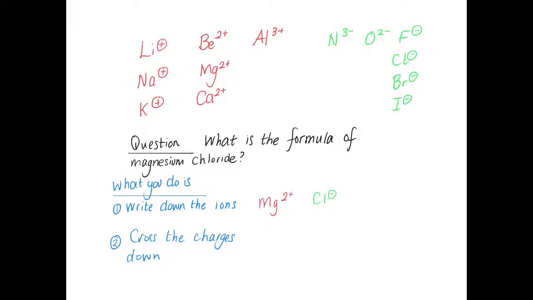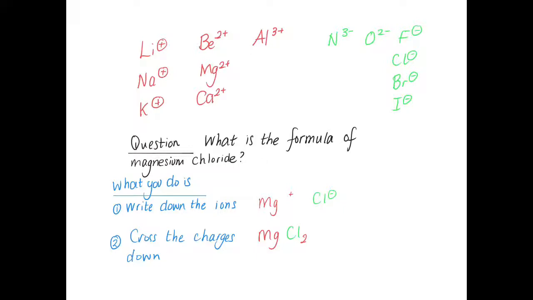The next part is we're going to cross down the charges. So we write down Mg and we write down Cl. And what we say is that this 2 here moves down to after the chloride, like that.